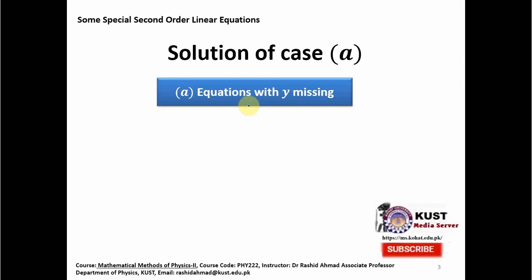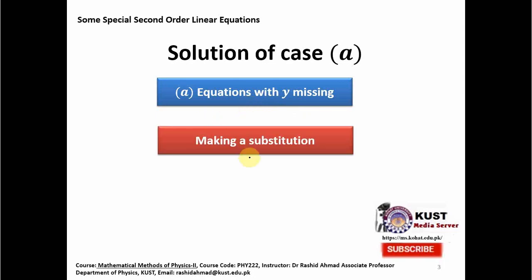In such situations we make a substitution, and from this substitution we get the equation into a simple form and then solve it. For example, we can put the first derivative of y equal to another variable, let's call it p, and then the double derivative of y is equal to p prime.